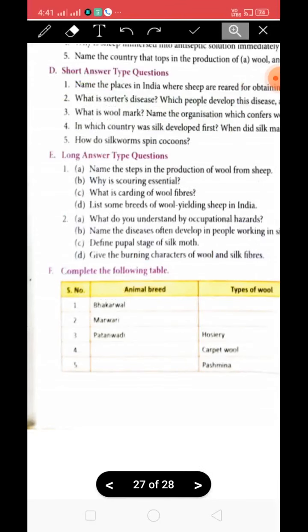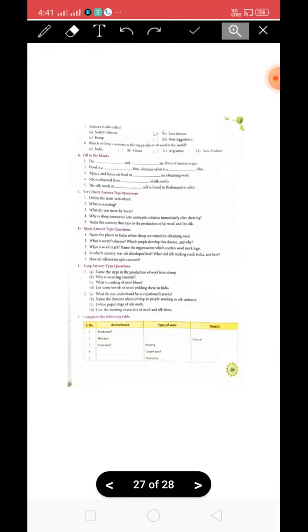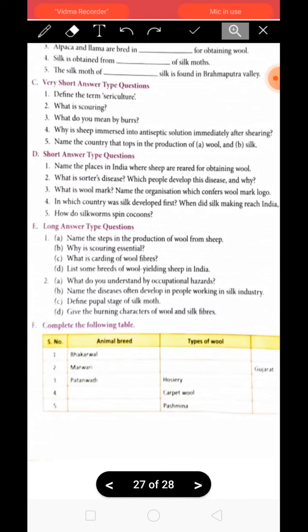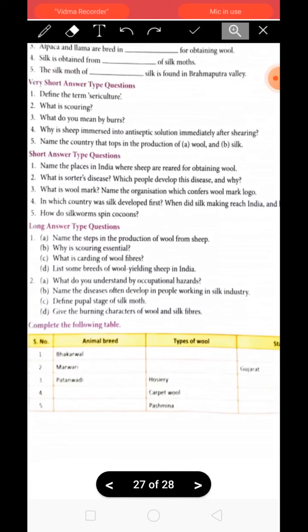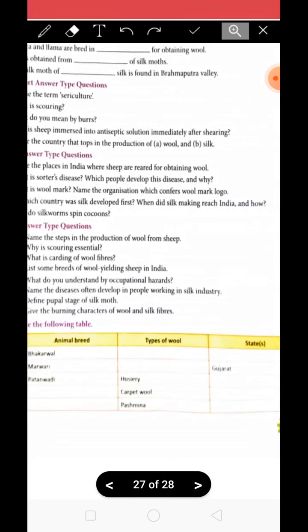The first one is Bakarwal. Then type of wool will be woolen shawls. Okay, and they are found in Jammu and Kashmir. So in state for the first you will write Jammu and Kashmir.